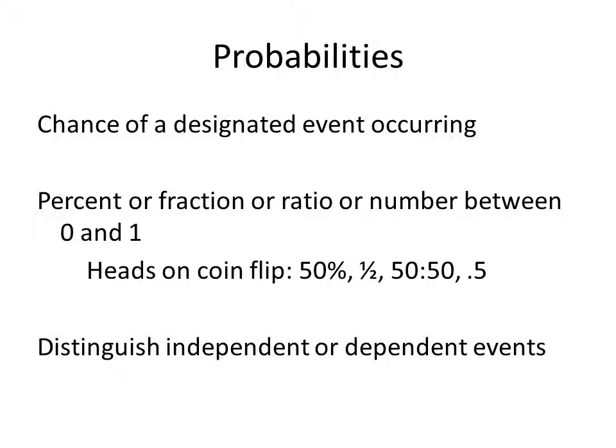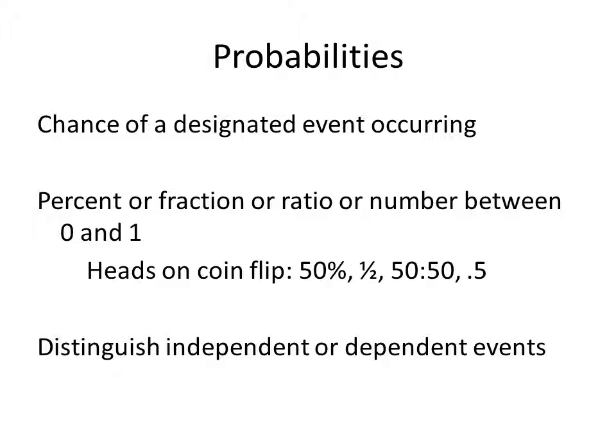So for example, the chance of getting heads on a coin flip can be described as 50%, 1/2, 50-50, or 0.5. 0 probability means that there's no chance of the designated event happening. A probability of 1 means that it's absolutely certain that the designated event is going to happen.